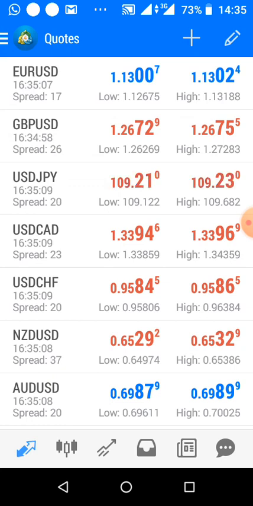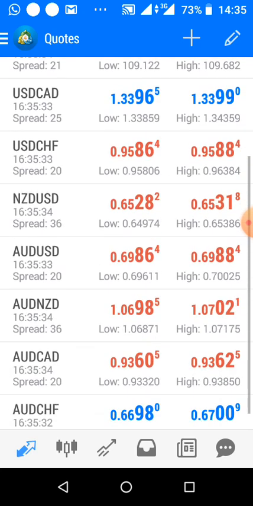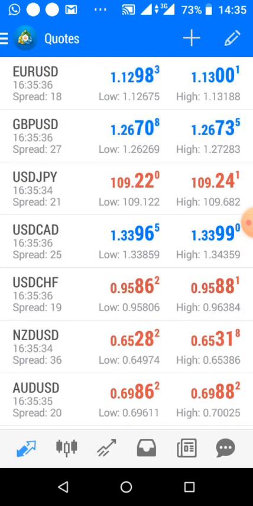You have USDCHF, that is US dollar versus Swiss francs. You have NZDUSD, that is New Zealand dollar against US dollar. You have AUDUSD, that is Australian dollar against USD, and so many more, which I don't have to keep enumerating one after the other.